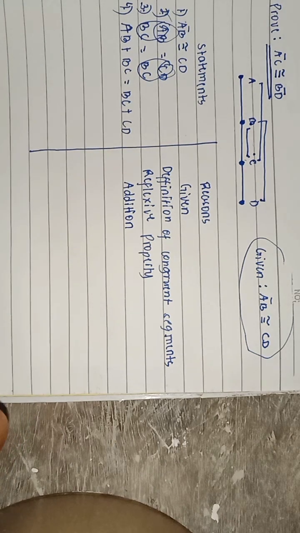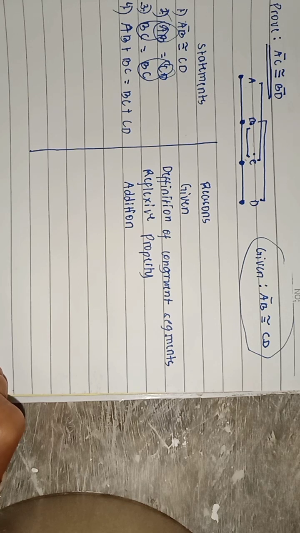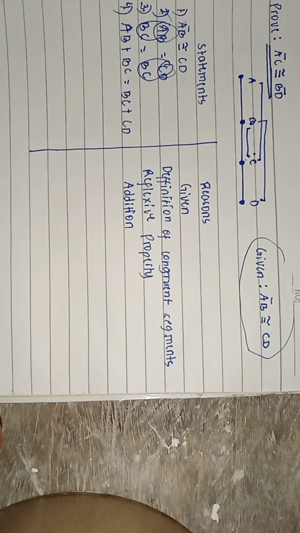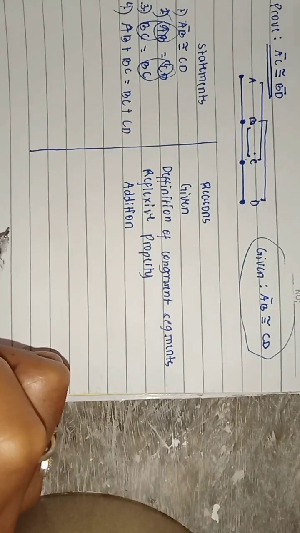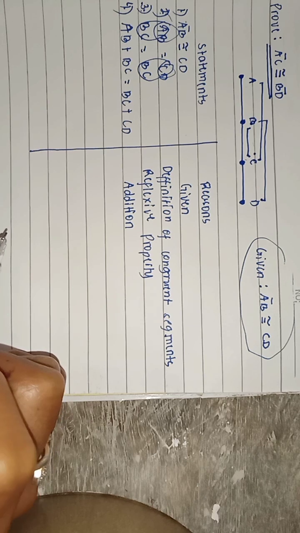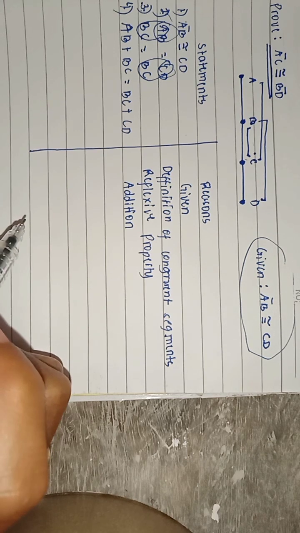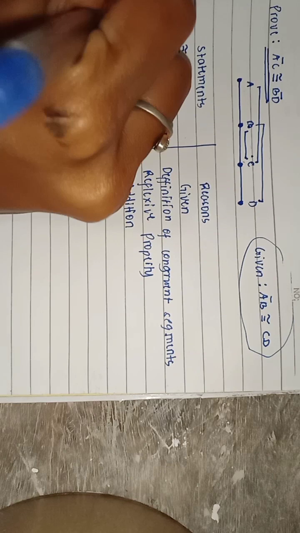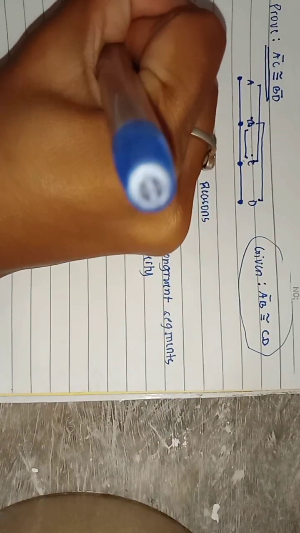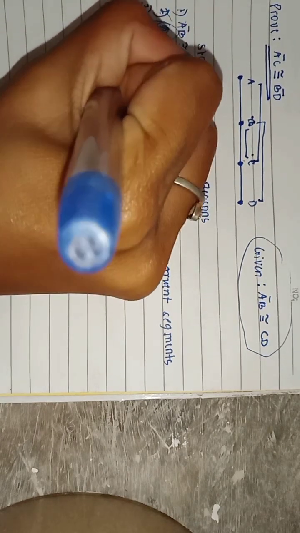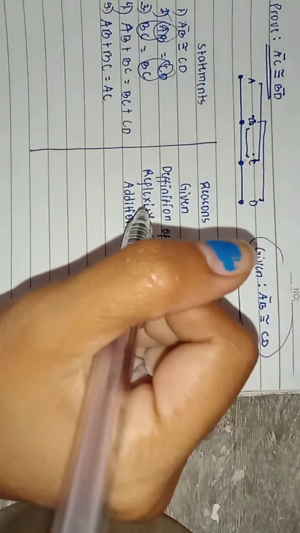So now, let's move on to our step 5. So what is AB plus BC? As I said before, AB plus BC is equal to AC. So let's say that in our statement number 5: AB plus BC is equal to AC.